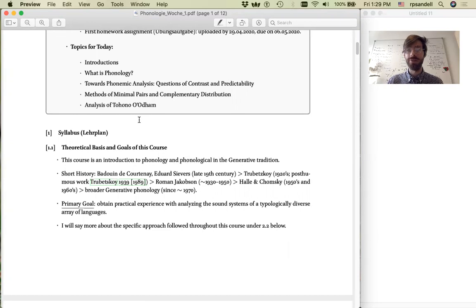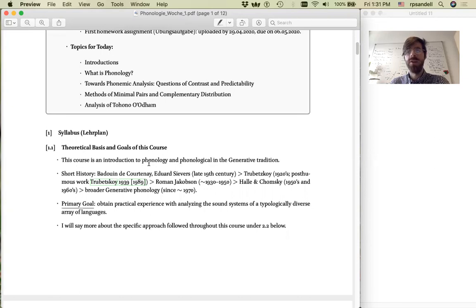Just to give you a short history of phonology in the Western world, leaving out ideas concerning sounds and systems of sounds in Western antiquity or in ancient India in the grammar of Panini, we can go back to the late 19th century and there see the works of the Polish linguist Jan Baudouin de Courtenay and the German linguist Eduard Sievers.